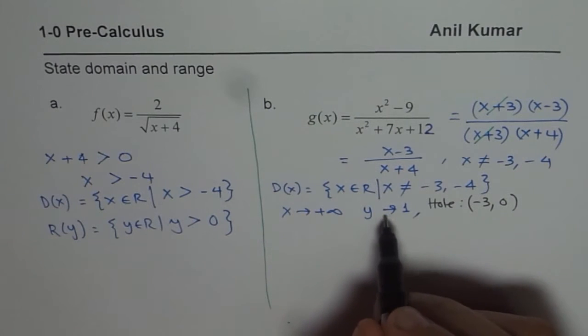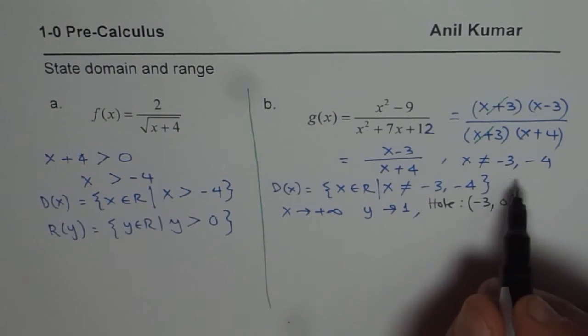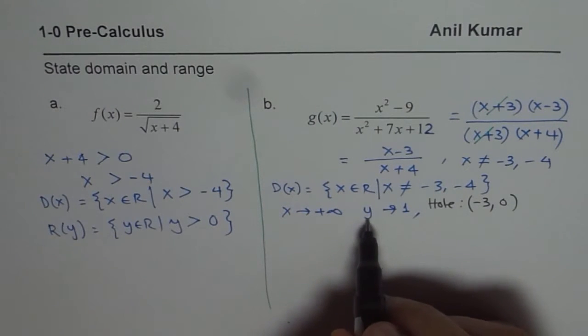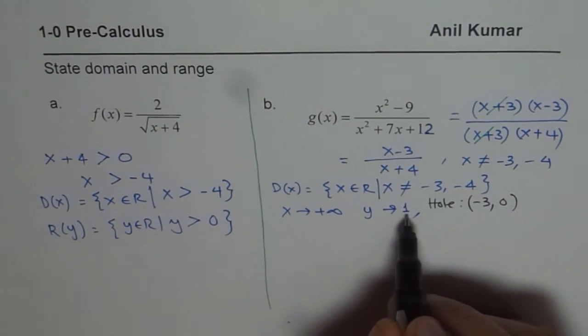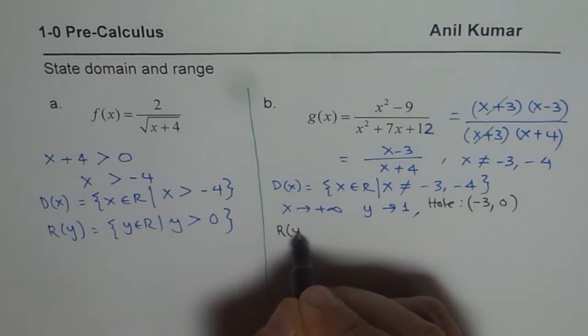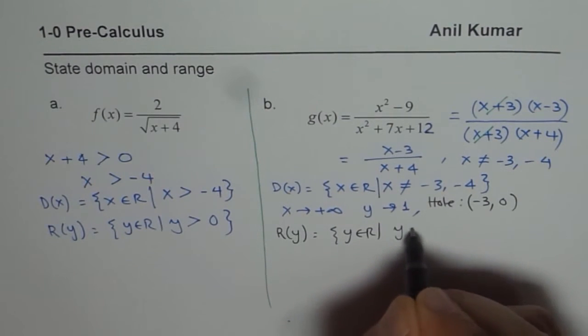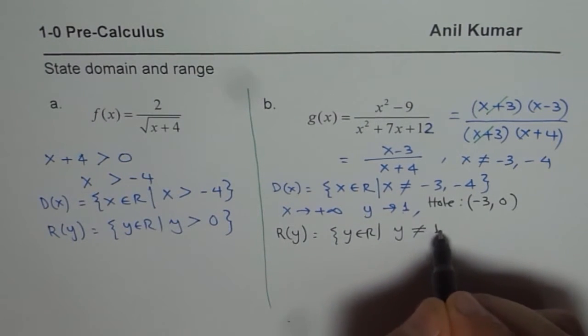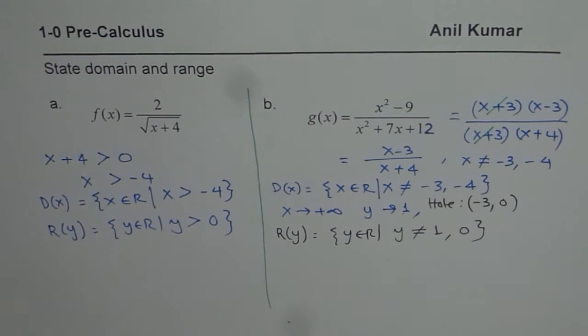So that means the only restrictions for the given function are that the range is not equal to 0 and it is not equal to 1. So these are the two restrictions for us, correct? So we can write down the range for the function. The range is y belongs to real numbers, where y is not equal to 1, since we have a horizontal asymptote, and y is not equal to 0. So these are the two restrictions on the given function, correct?